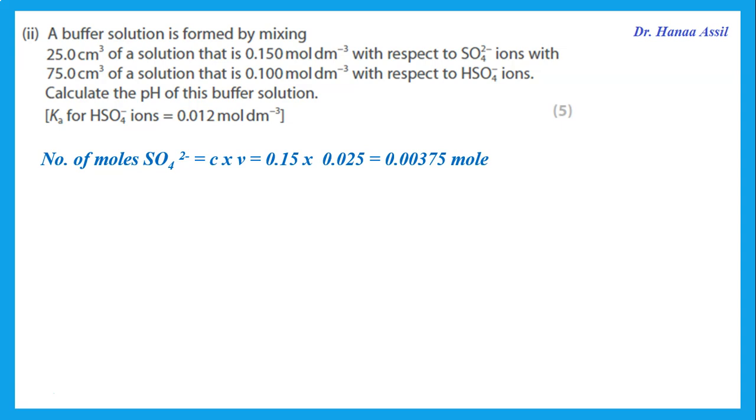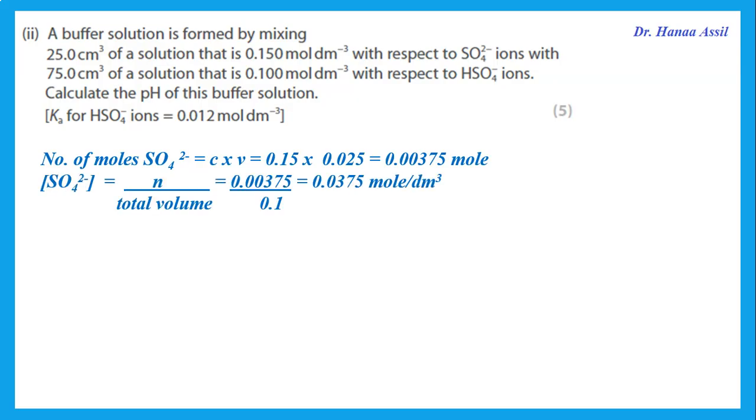The number of moles of sulfate ions is concentration times volume. But what is the concentration of the sulfate ions in the solution as a whole? Concentration would be the number of moles over the total volume. Remember, we have 25 centimeter cubed of the sulfate added to 75 centimeter cubed of the HSO4 minus. That's a total of 100 centimeter cubed, or 0.1 decimeter cubed. So the number of moles of sulfate over the total volume gives this concentration of sulfate ions.